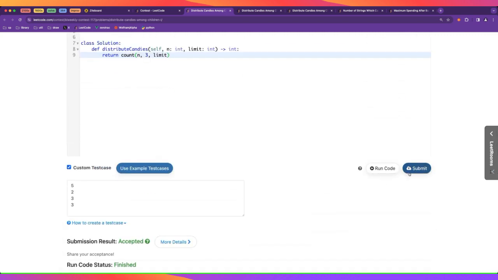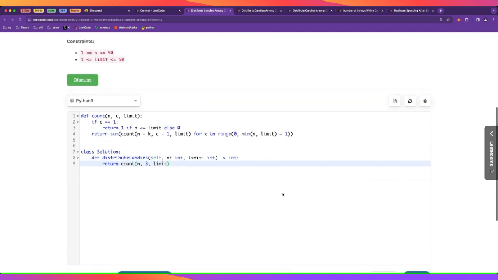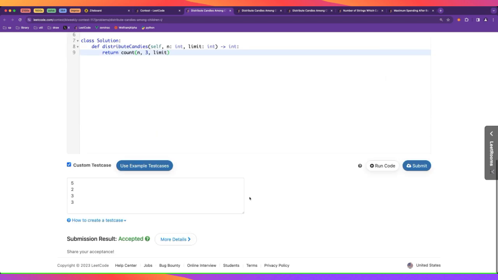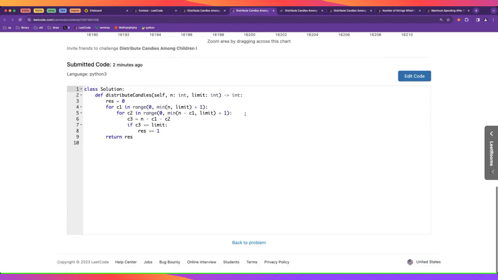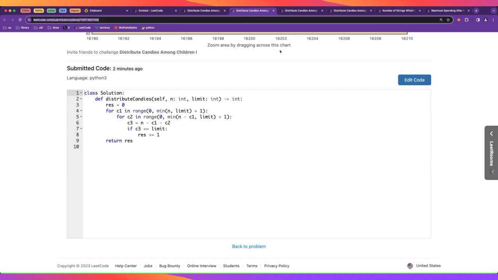Let me save the submission. And again, we get the right answers for the examples, and we also got accepted. So yeah, this would be the recursive way of solving. Let me share my submissions in case you want to check them out.